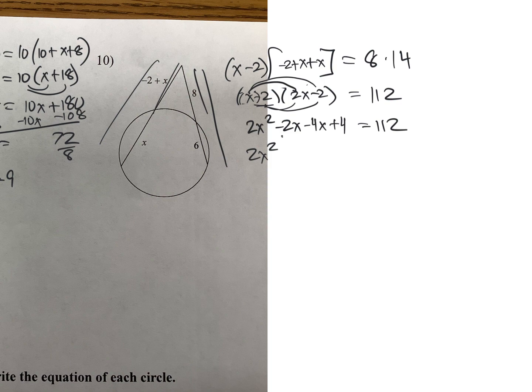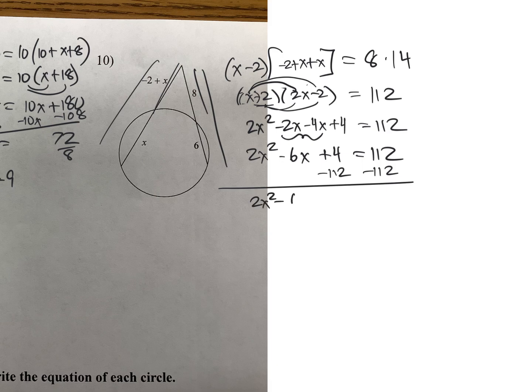Two x squared, you can put these two together, that's minus 6x. Plus 4 equals 112. So this is going to be a trinomial, so we're going to subtract 112 to the left. 2x squared minus 6x minus 108 equals 0.